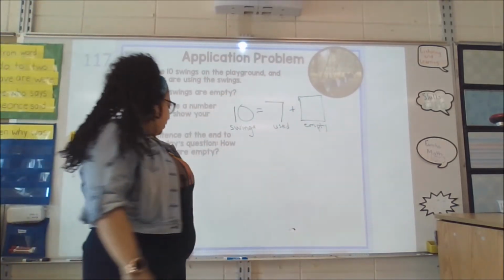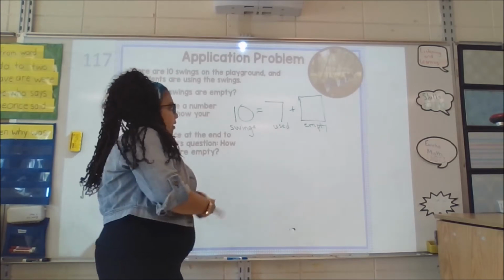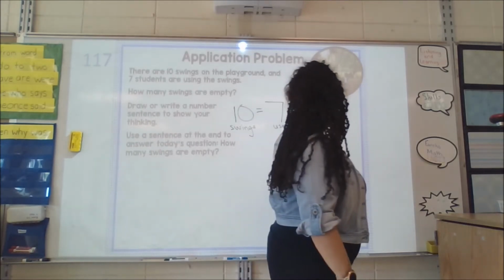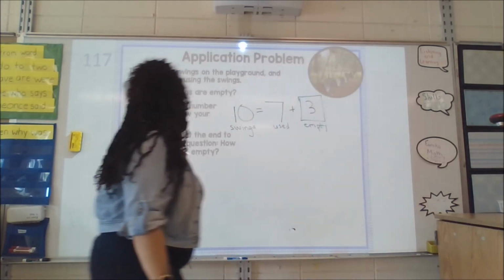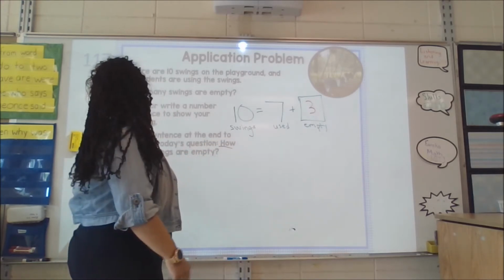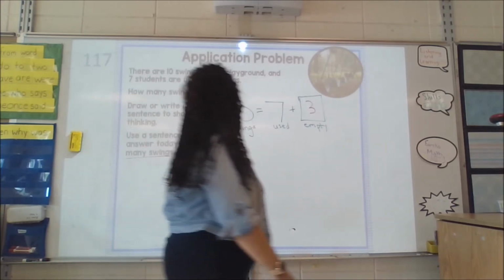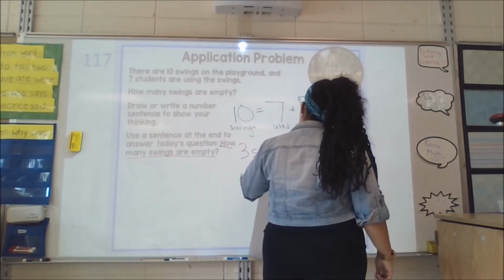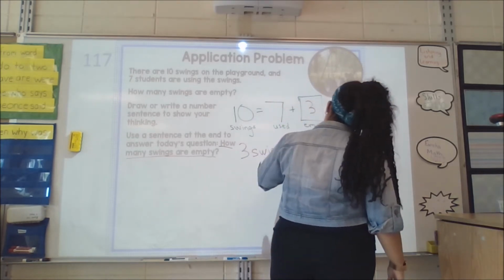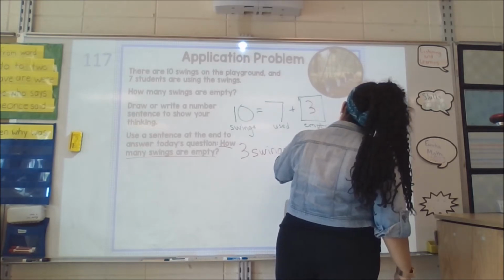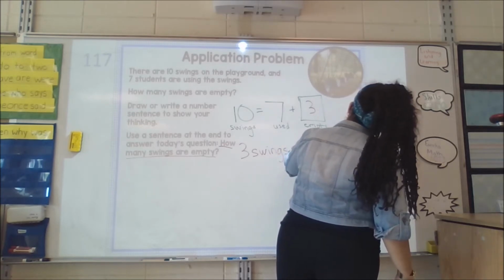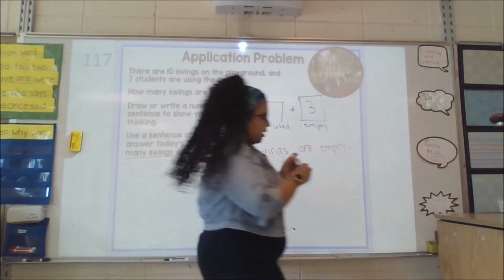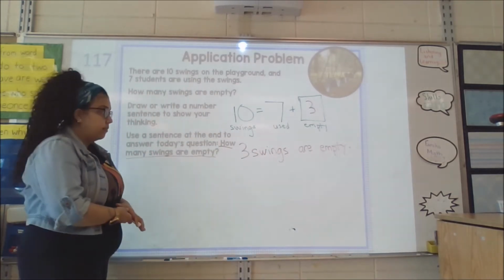Correct. 3. 3 swings are empty. 7 used plus 3 empty means that how many swings are empty? 3 swings are empty.